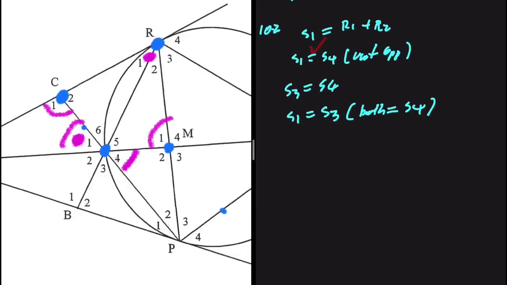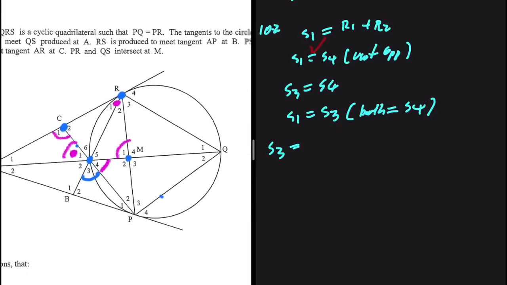Let me remind you of something. We said that S3, this angle right here, is equal to Q1 plus Q2, because SRQP is a cyclic quad. So S3 is equal to angle Q, an exterior angle of a cyclic quad. But I want to show you something interesting. Look at R1 plus R2.